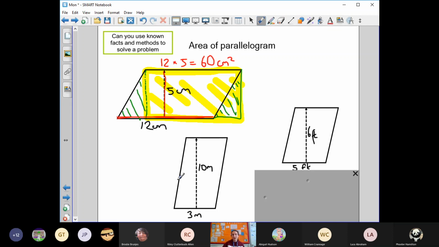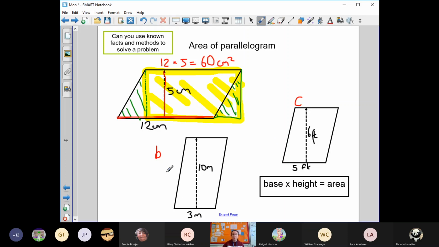Okay, so using that example, can you work out what would be the area of this parallelogram? Let's call this one B, and this parallelogram, let's call this one C. Can you work out, please, what would be the area of B and C? Any thoughts?